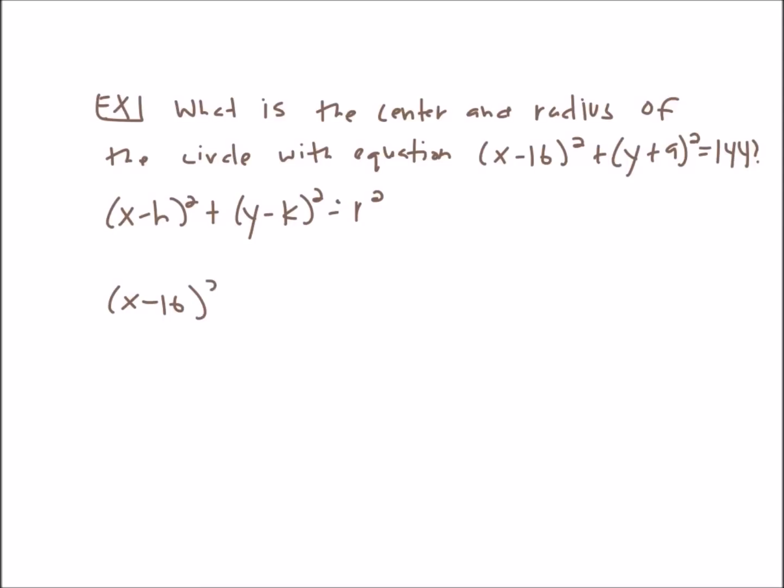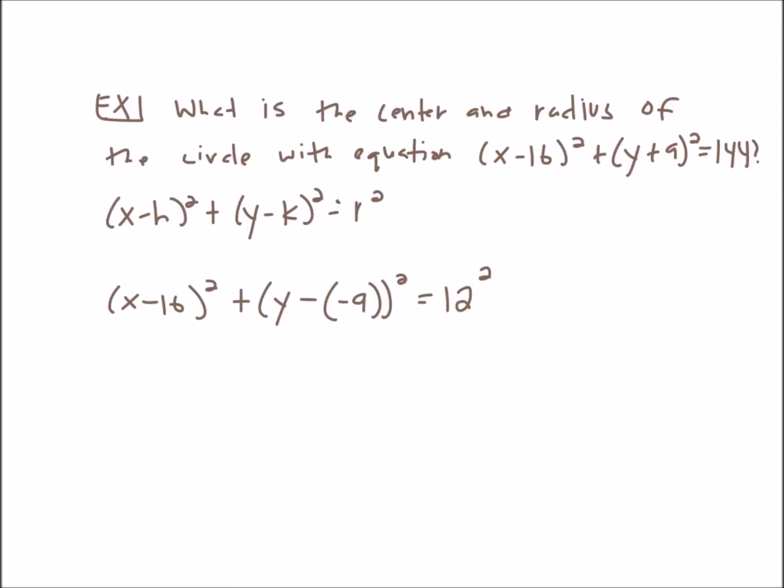X minus 16 squared plus, okay, but with the y, we have plus 9. Well, we know we want that to be a negative. And as we kind of saw in those previous problems, if it's a plus, then it must have been minus a -9 squared. Okay, 144, well, that is the square of your radius. So we want to think of the square root of 144, which is 12, and that would be 12 squared.